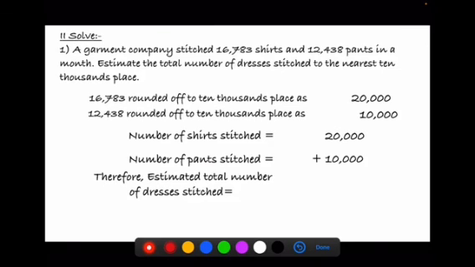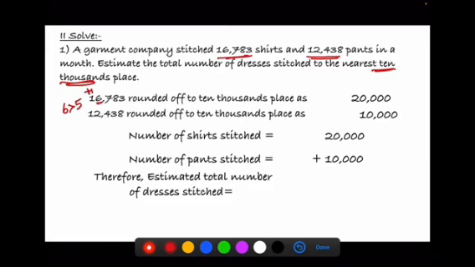Okay, now we have 2 numbers here. So we will first try to round these off to the nearest 10,000th place, get a proper estimated number, and then we will have to calculate what has been asked. So the first number 16,783 rounded off to the 10,000s place, we get 20,000, because since it is the 10,000s place, we'll have to consider the thousands place, and here the thousands place 6 is greater than 5, so we'll have to add 1 to the 10,000s place.